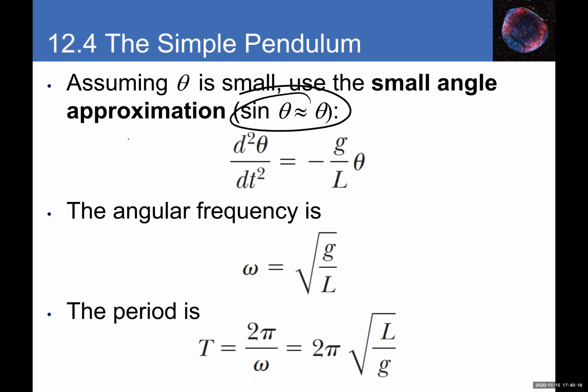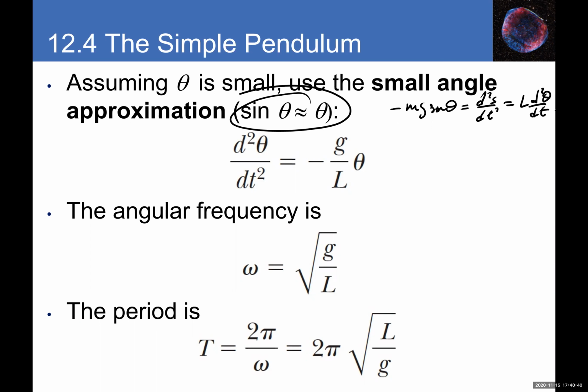Again, we started with negative mg sine of theta equals m times d squared s dt squared, and this becomes L times d squared theta dt squared.